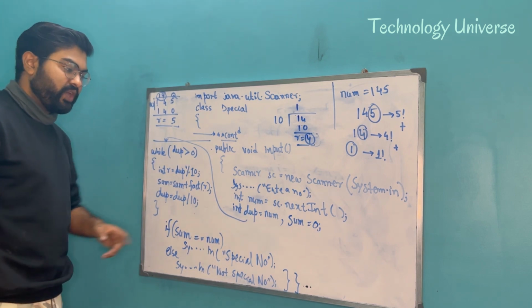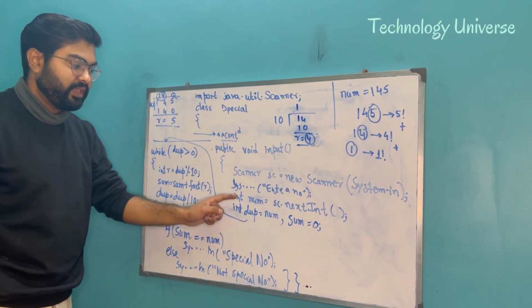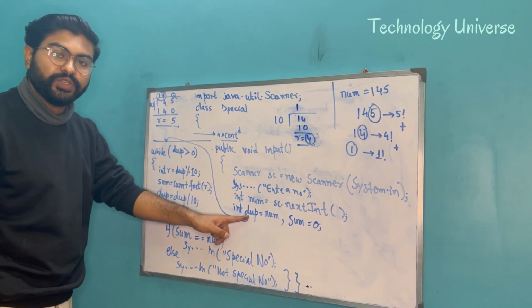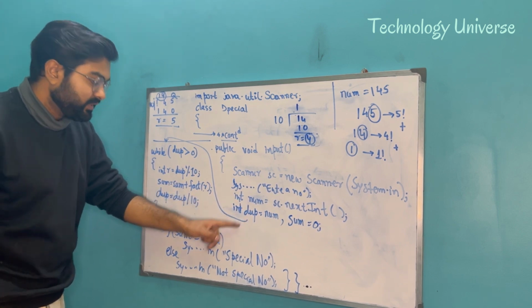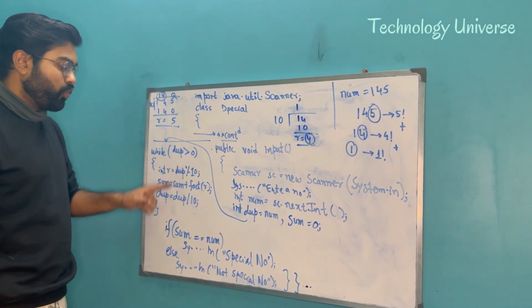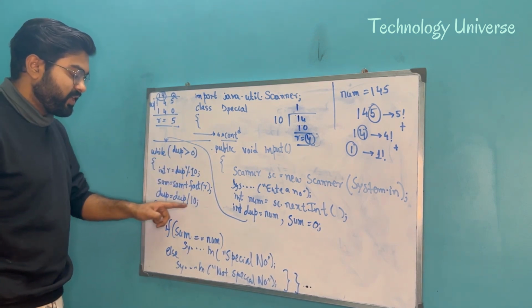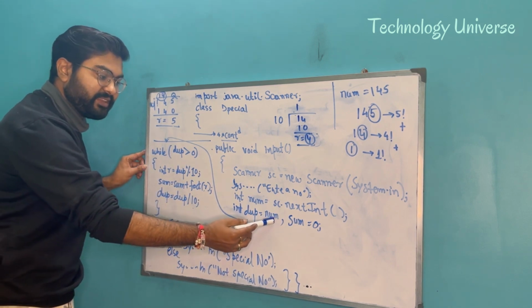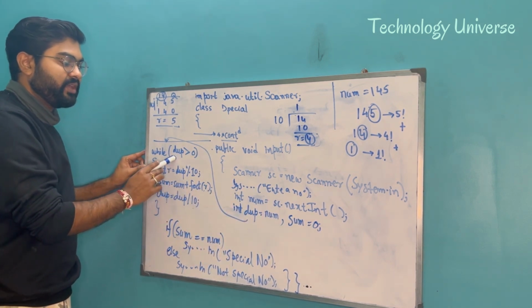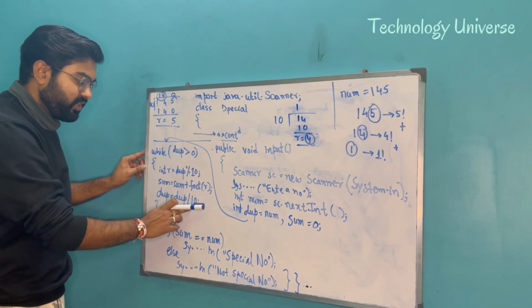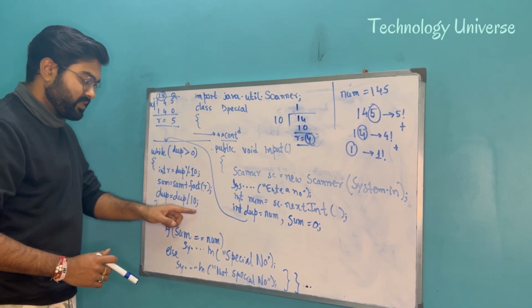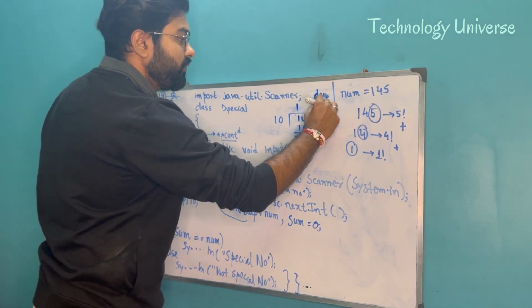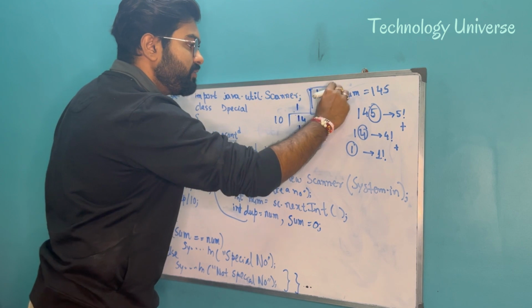Can you say now why we took this dup if we had this num variable, the input number? We took dup because dup is greater than 0 and dup is always getting truncated by the quotient. It is getting updated. If we had used the num variable here, we would have changed the original number, because at the end of the loop the value of dup would become 0.